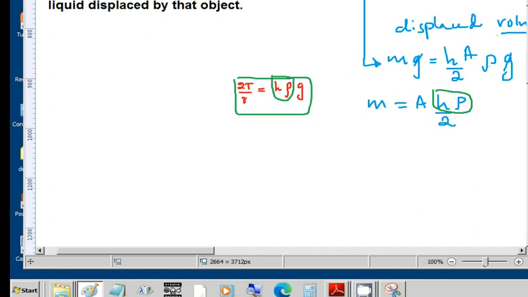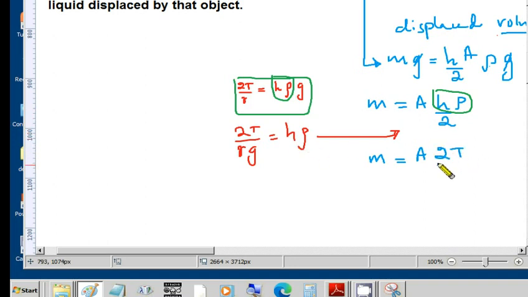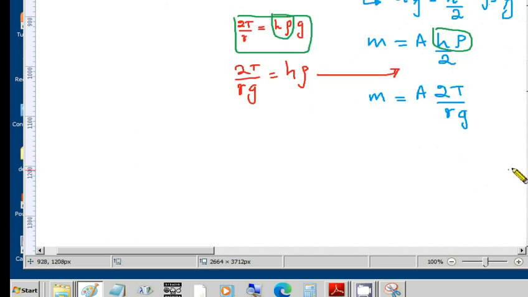So we can take therefore this G to the left side, 2T divided by Rg, and isolate h rho and substitute it here. Then we get m is what we have to find out, A times, instead of h rho we can write 2T divided by Rg, and this 2 then at the denominator, so that cancel. Then finally m equals AT divided by Rg.